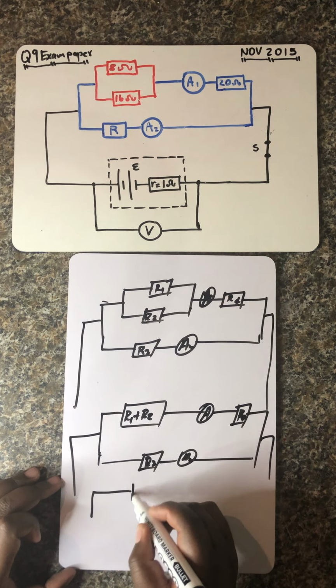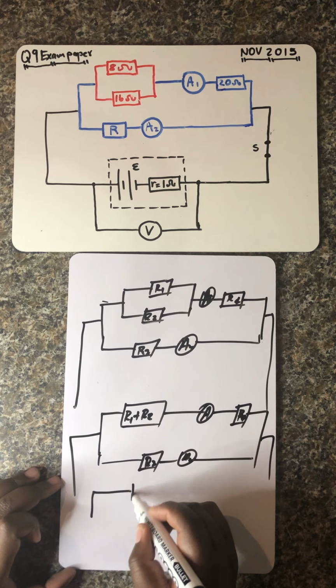So that means we've got R1 plus R2 plus R4. In this way, it's more like we've now converted, not necessarily converted, but we've combined this connection which is in series into one resistance.